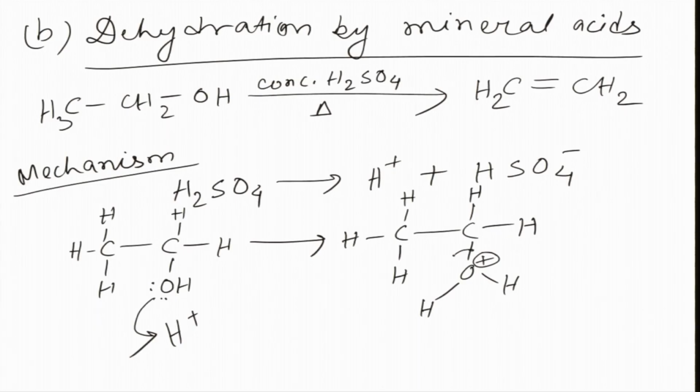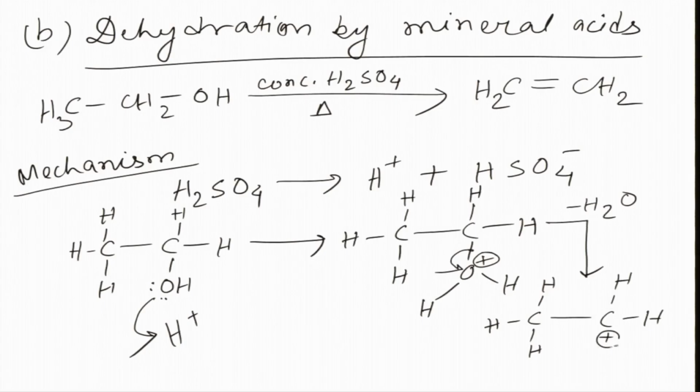So, it will take this bonded electrons with it and water molecule will be eliminated. Now, if oxygen takes this bonded electrons, the positive charge will be transferred on carbon. Okay. So, positive charge is transferred on carbon.